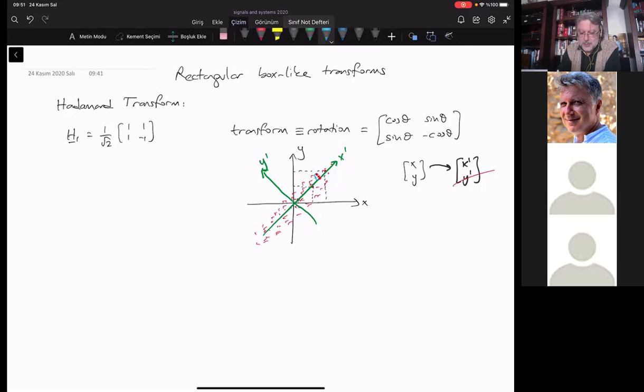The transforms start becoming different at larger sizes, like 4x4, 8x8, etc. When they become larger, they tend to show different properties. So this is the 2x2 Hadamard transform then, and it's also the 2x2 Fourier transform and everything actually.